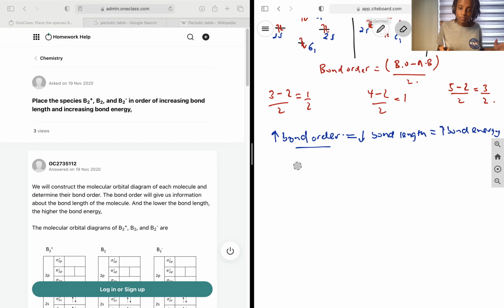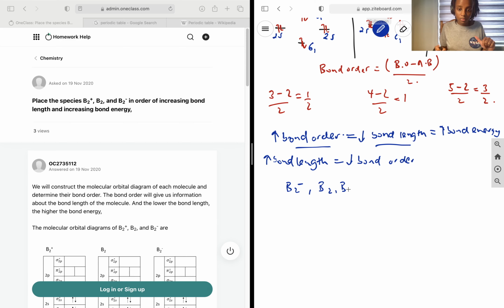And so, if we want to list them first in order of increasing bond length, that would mean decreasing bond order. So that means increasing bond length equals decreasing bond order. So we're first going to have 3 over 2, which was B2 minus, B2, B2 plus.